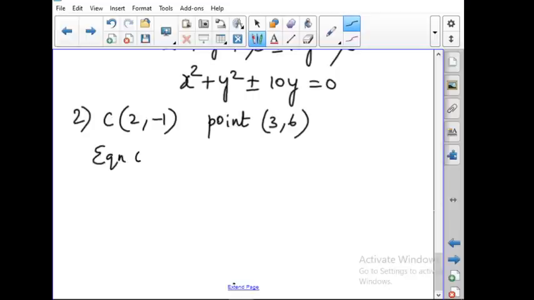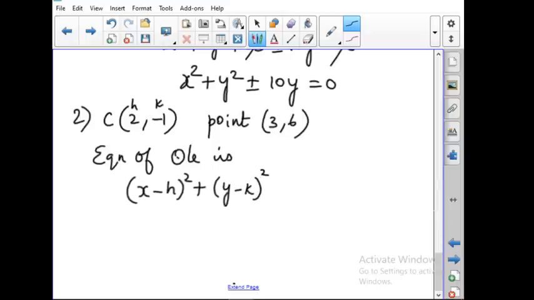So equation of circle is, what is the equation of circle? We can take this as h and this is k. So x minus h the whole square plus y minus k the whole square is equal to r square. Radius is not given. We are going to find out the radius by using the point given.